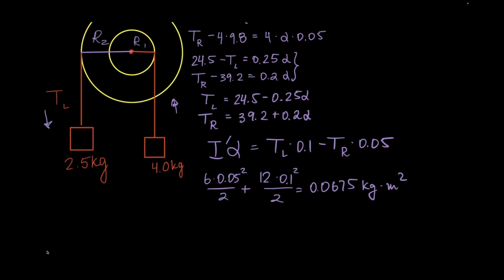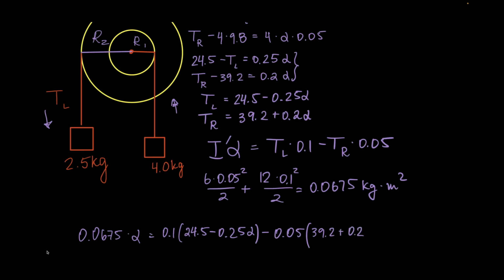And then I'm just going to plug everything in. 0.0675 times alpha should be equal to 0.1 times (24.5 minus 0.25 alpha) minus 0.05 times TR, and TR itself is 39.2 minus 0.2 alpha.